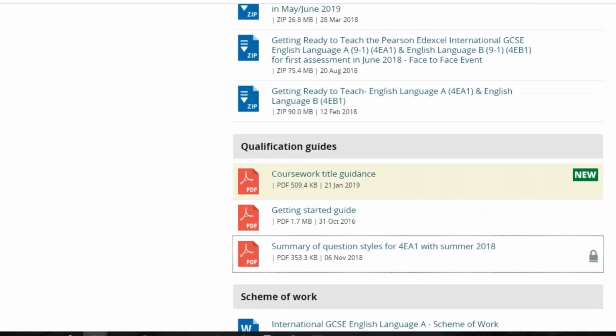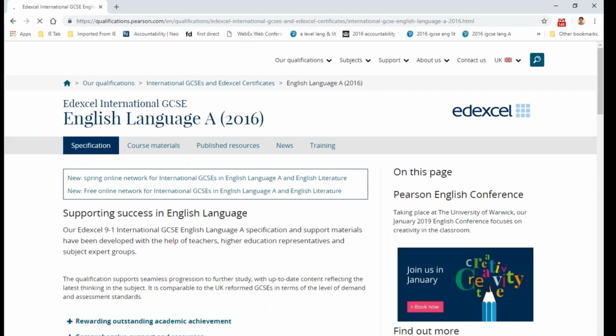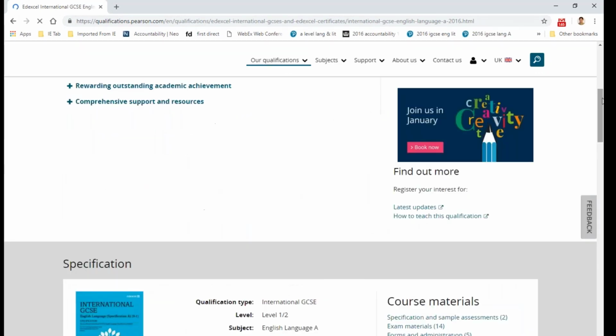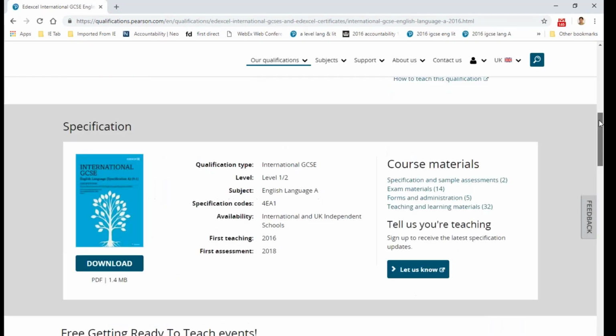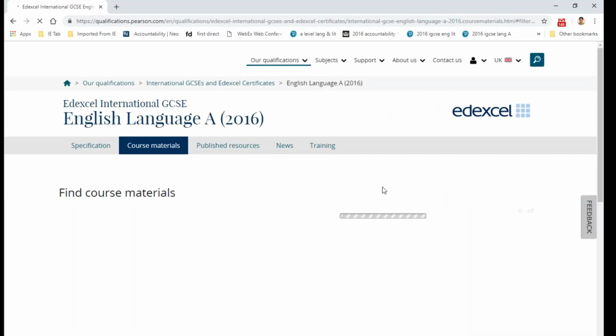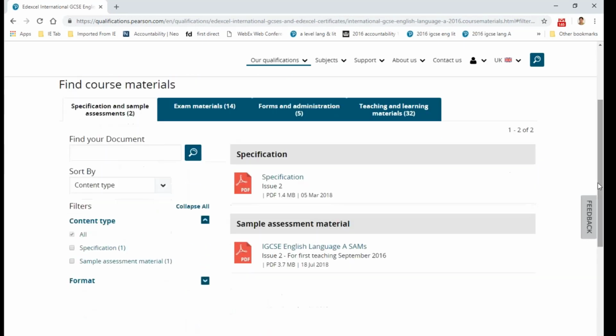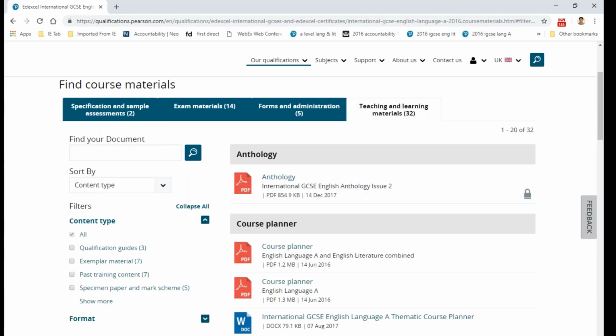But I can just quickly show you before moving on to Lit. So the sample assessment materials are here. Those were the first set, but I wouldn't recommend particularly using those now. It's always better to use live papers. There are the SAMs.